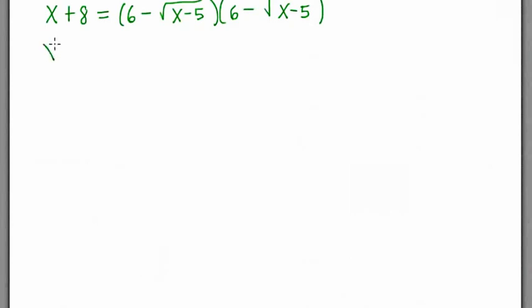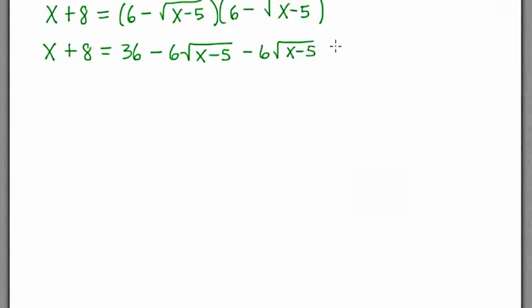So I'm going to leave the left alone, x plus 8, and the right is going to be first, or 36, outer, minus 6 root x minus 5, inner, minus 6 root x minus 5 again, and the last is going to be plus root x minus 5. Alright, now I'm going to clean up some stuff here.